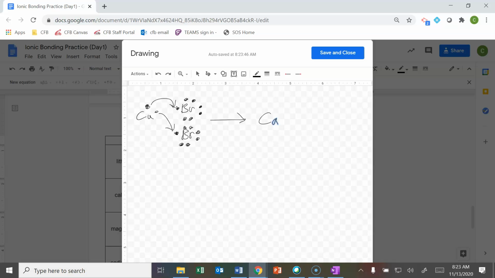Because we lost a negative, charge becomes more positive by 2. So we have calcium 2+, or you could say +2, it doesn't matter. And then we have 2 bromines, so Br. Both of them have 8 valence electrons now. And they also both have a -1 charge.